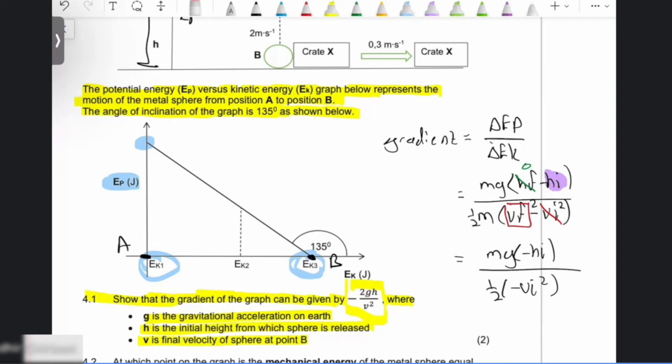Sorry, that's VF, apologies. That should have been VF squared. A half of your mass times your VF squared.